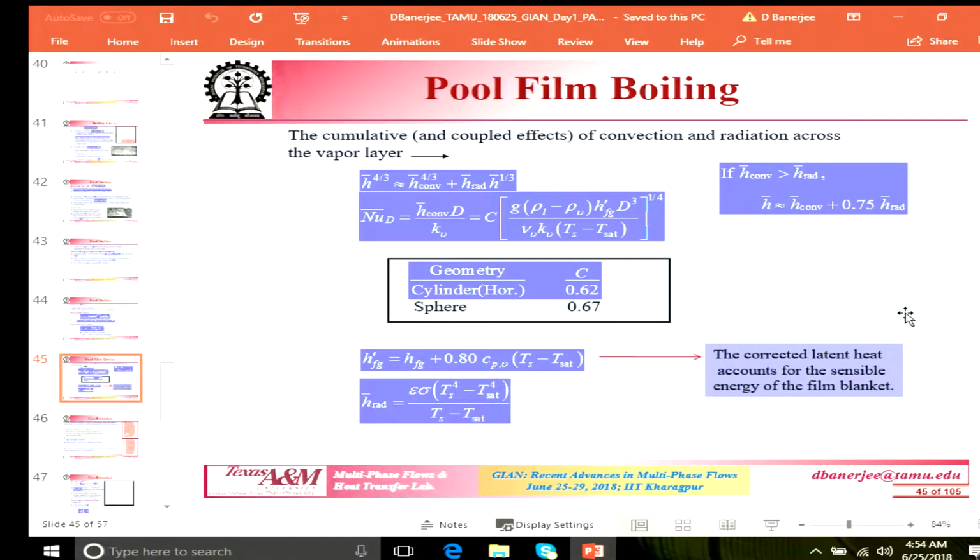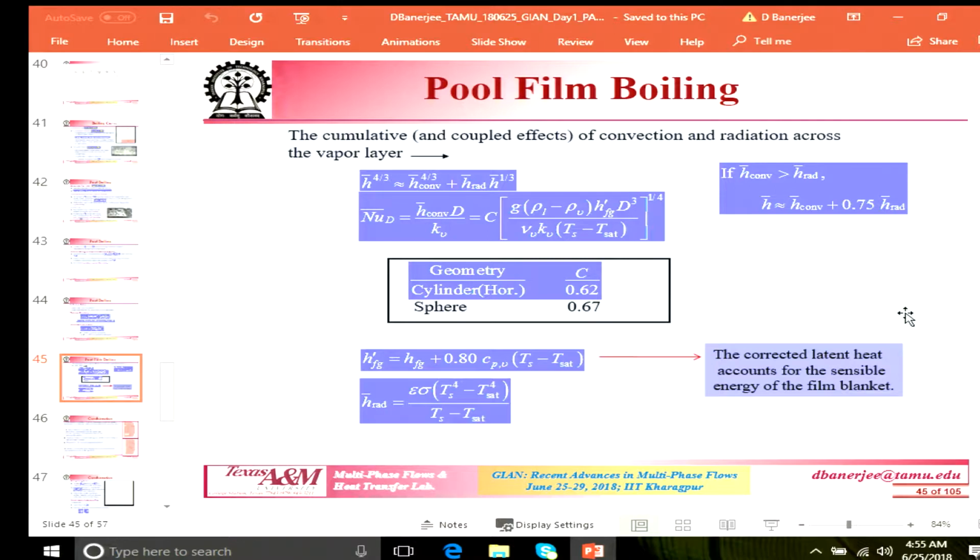When it comes to nucleate boiling, you can neglect radiation, because your boiling heat transfer is so high and it typically occurs for very small delta T's. But when you are in film boiling, your delta T's are pretty big, of the order of 50 to 100 degrees Celsius, and your heat transfer coefficient H is also very small. So, in that situation, you cannot neglect radiation. So, there are correlations people have come up with, which account for the radiation heat transfer coefficient as well.